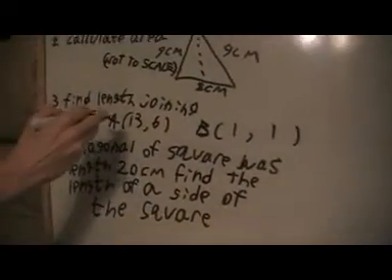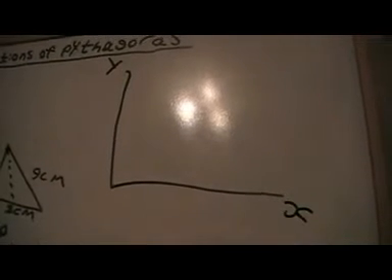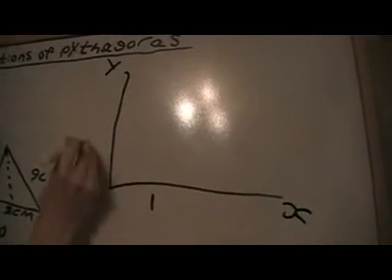Okay, next problem, we've got 2 points here, and we know that the first one is the x coordinate, the second one is the y coordinate. So let's just draw a diagram. This is our y axis, this is our x axis. I've got a point 1, 1.